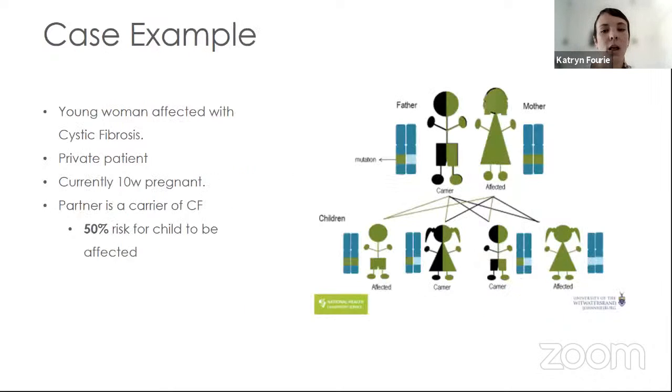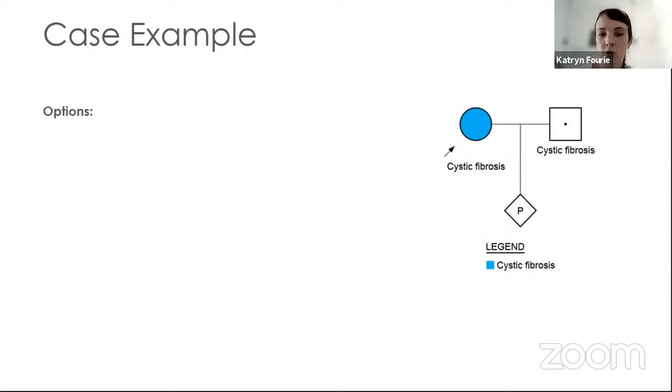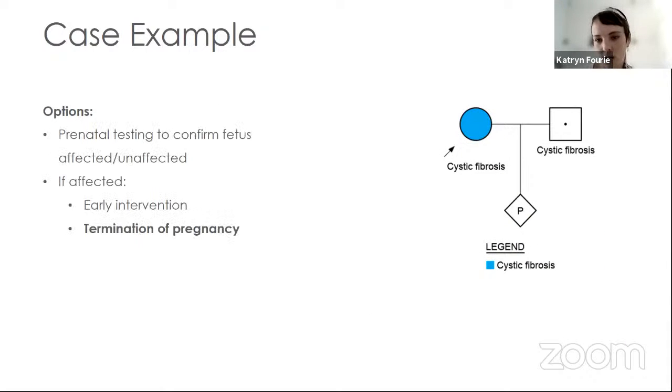Then the case is a young woman that is affected with CF herself, private patient, currently pregnant. The partner is found to be a carrier of cystic fibrosis, which means there's a 50% chance for the child to have the same condition. So options for that couple would be prenatal testing, to confirm if the fetus is affected or unaffected.